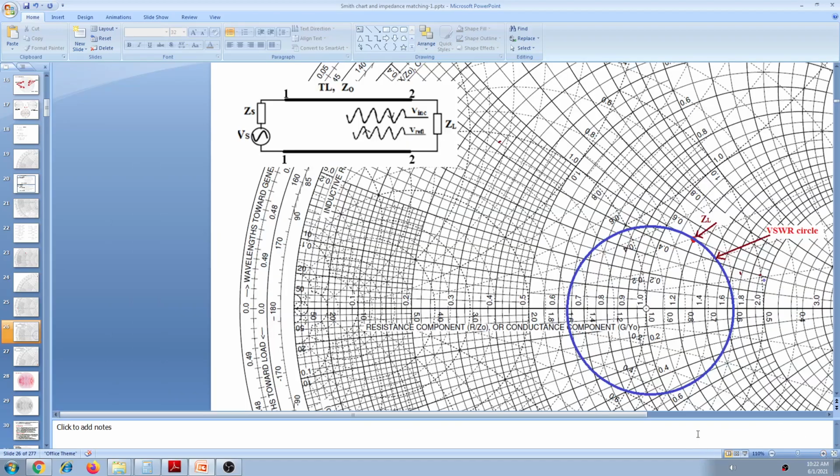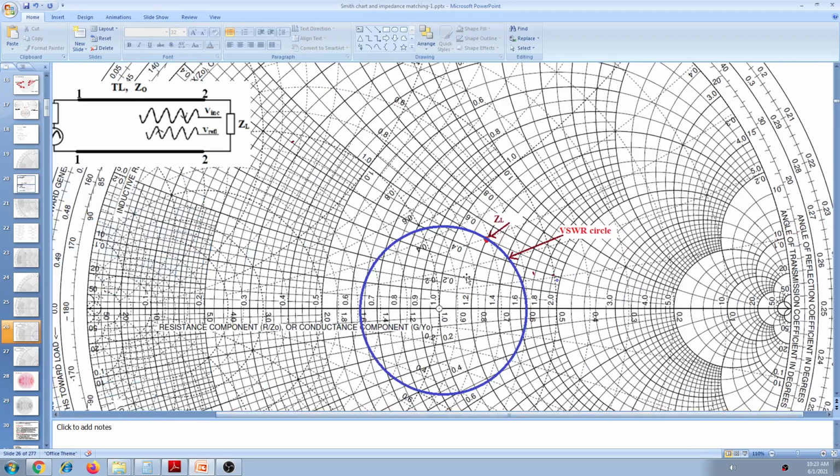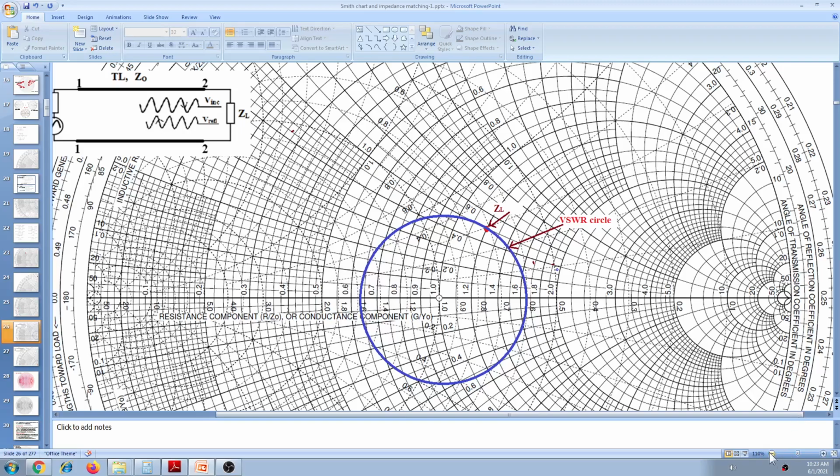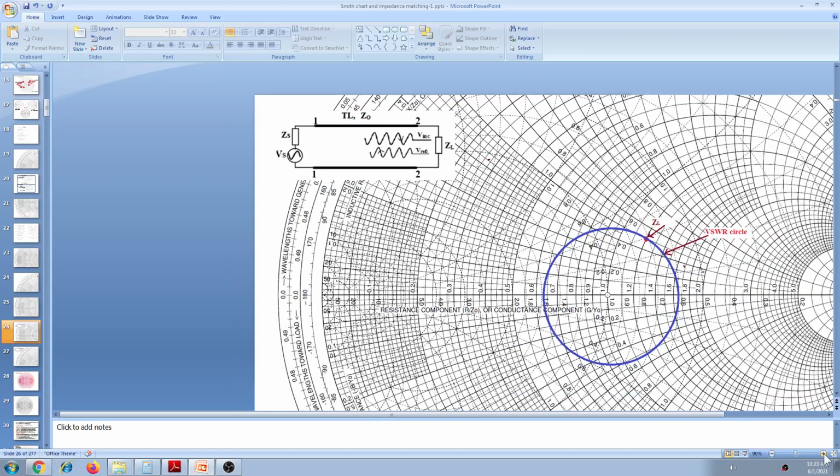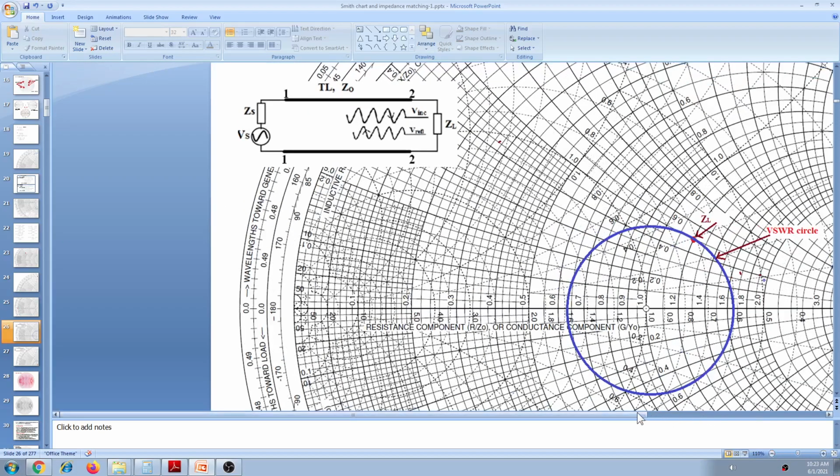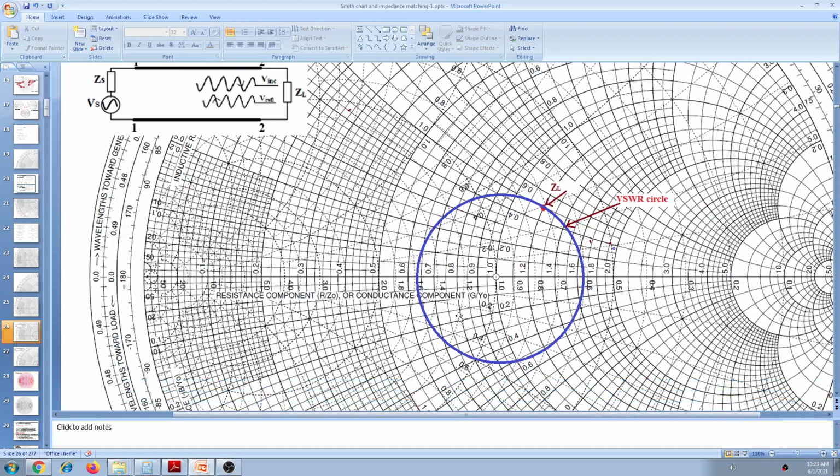No ma'am, this is a graph only. What I am displaying is a Smith chart. Can't you see this Smith chart properly on the laptop? Ma'am, we can see the Smith chart, but it is difficult to follow the cursor movement, ma'am.